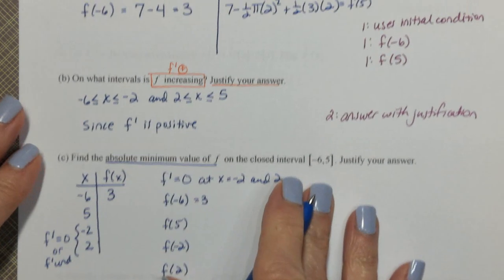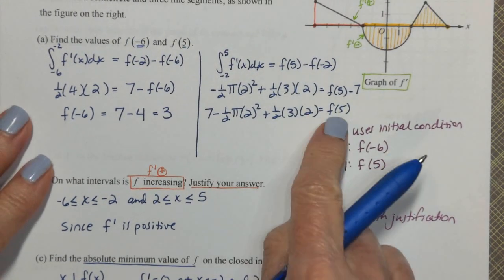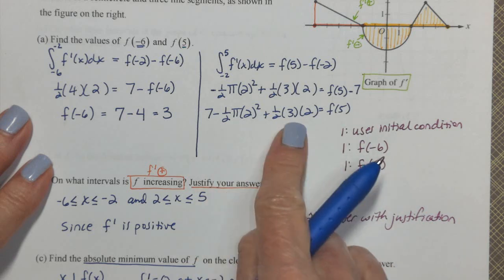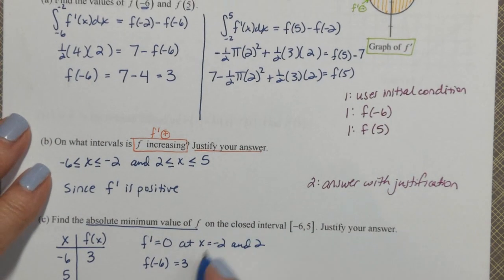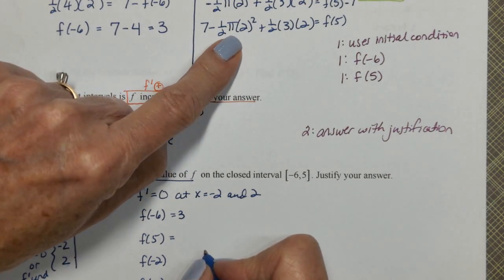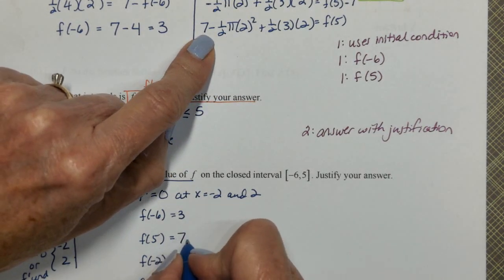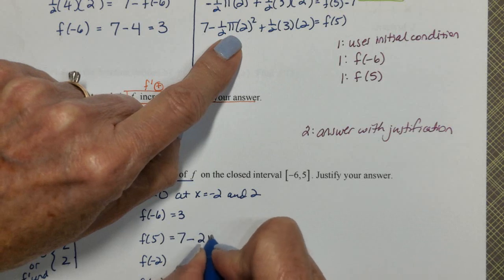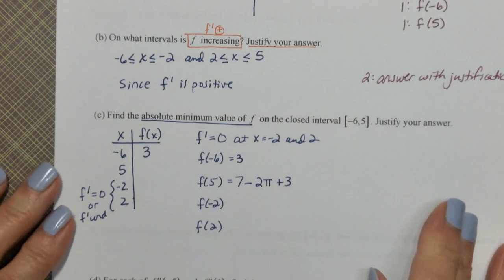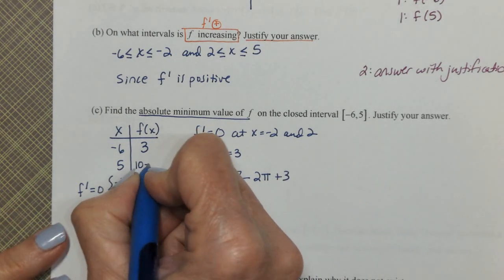F of 5 we also found in part A. It's a bit of a mess, but we found it in part A, right? I'm going to clean that up down here. So f of 5 is, okay, 7 minus 2 pi plus 3. So that is 10 minus 2 pi.